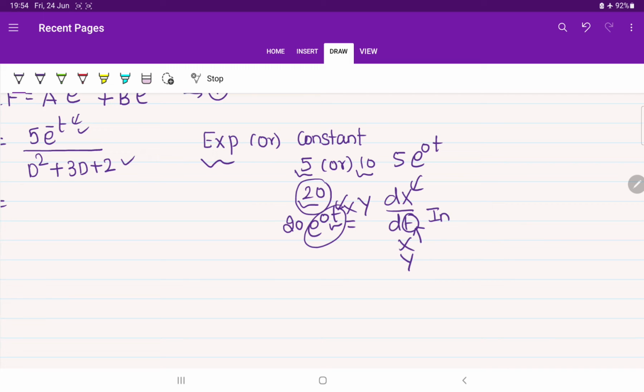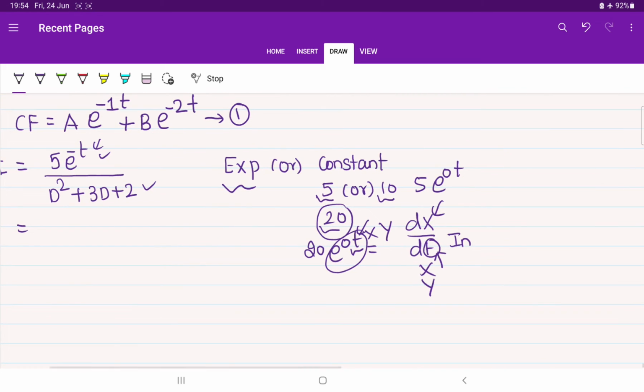After that, what do you have to do, sir? If the exponential equation is directly given, go to the power of the exponential and observe the coefficient of the independent variable. In our case e power minus t is given. It means minus 1 is the coefficient of the independent variable. If a constant is given, then 0 will be your coefficient of t. It is fixed.